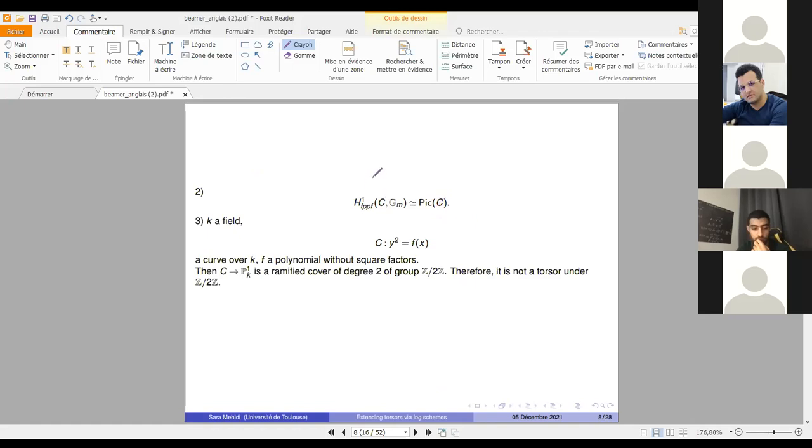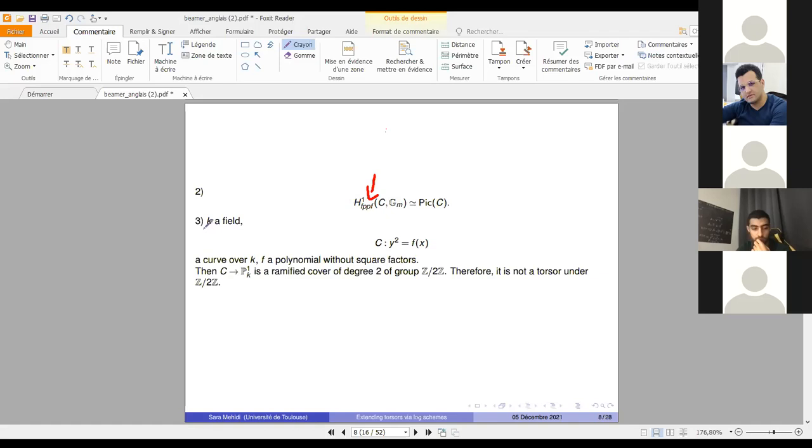And in fact, this cohomology group is the isomorphism classes of G_m-torsors over C. So you can think about a G_m-torsor over a curve as a line bundle over the curve.